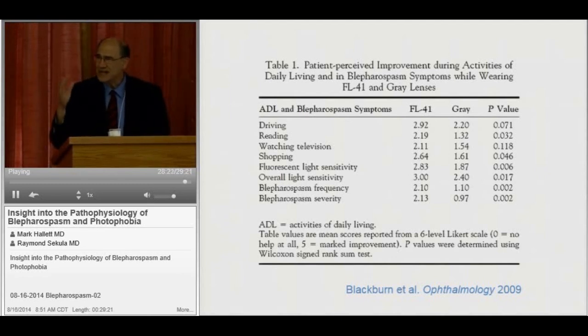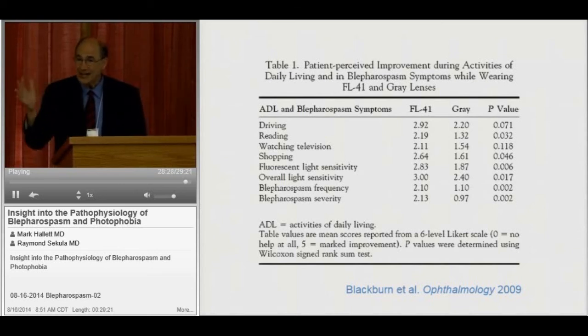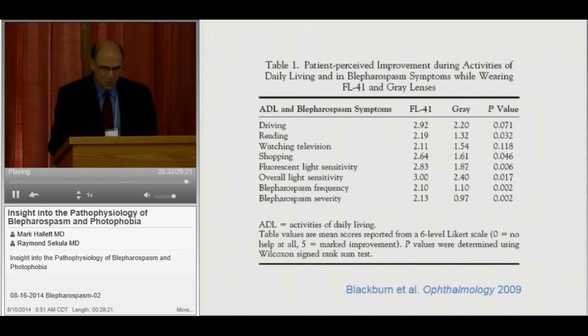So I don't think there's any strong evidence at the moment for FL41 being better than gray, although logically you can see where there may be some benefit more to the FL41s.